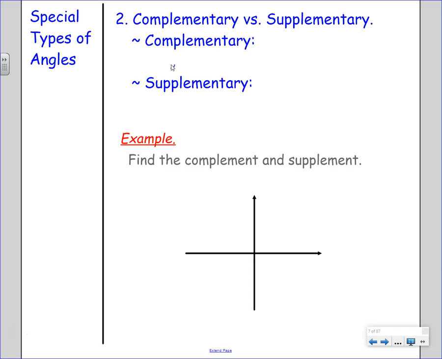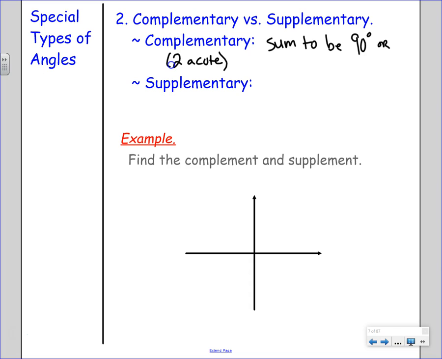Oh, this is from geometry. What's it mean if two angles are complementary? Well, that's the same thing. That's congruent. Careful. They sum, well, technically two acute angles, they have to be two acute angles that sum to be 90 degrees.